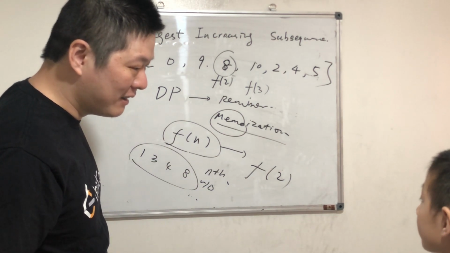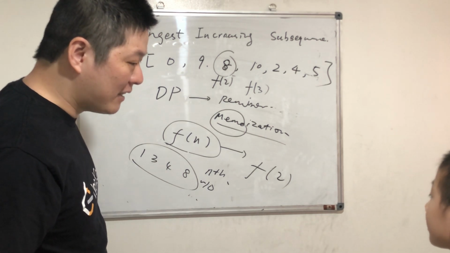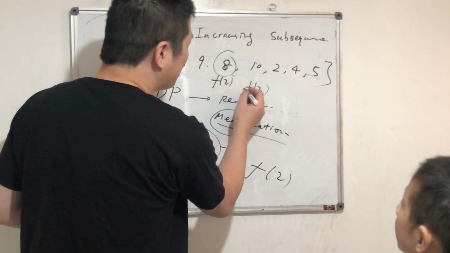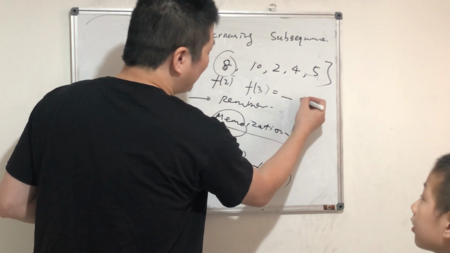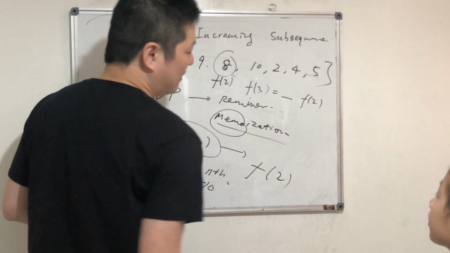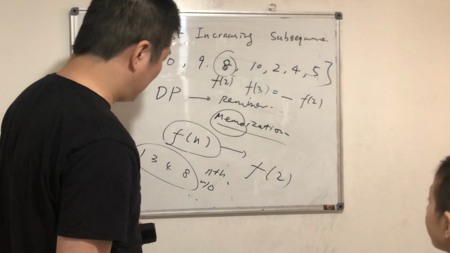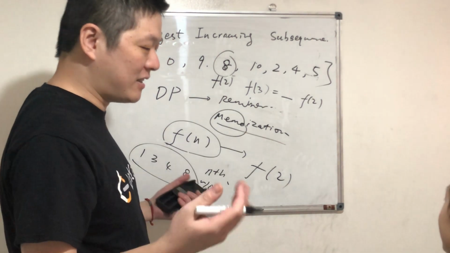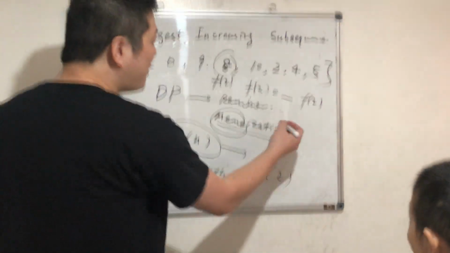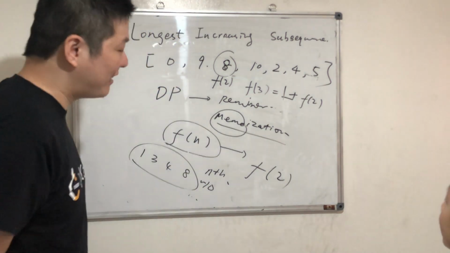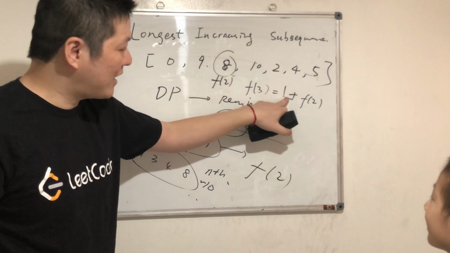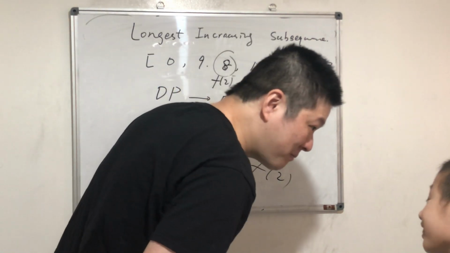So F3 equals F2 plus 1. I put the 10 at the end, it's still an increasing subsequence, with one added. Do you understand?